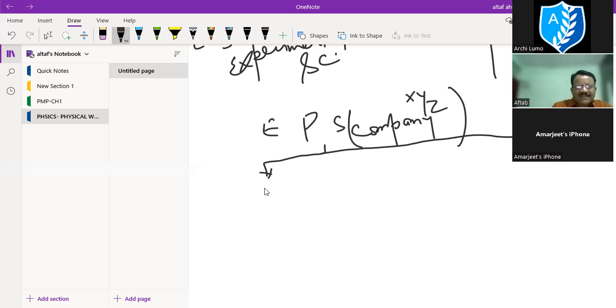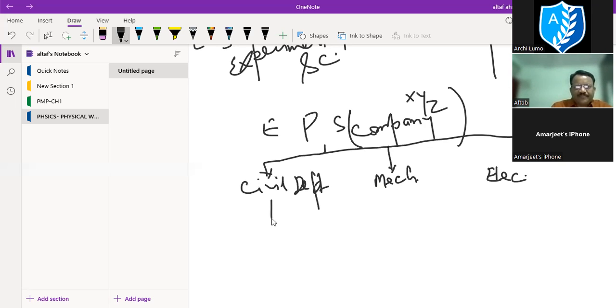Under this, lots of departments are there. Maybe one department may be the civil department, another may be the mechanical department, another may be the electrical department.